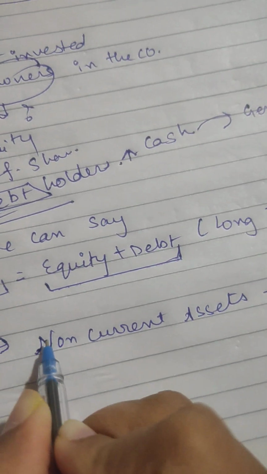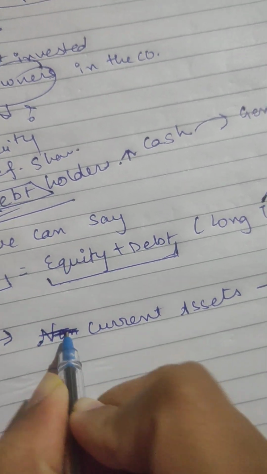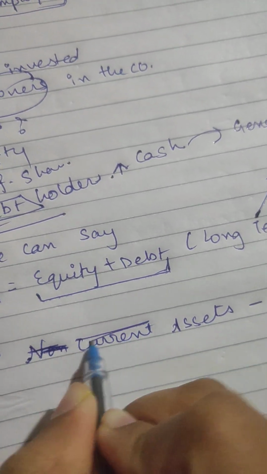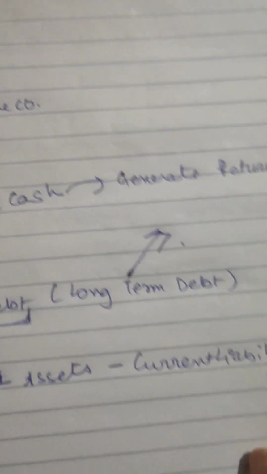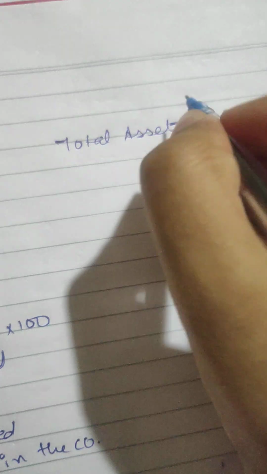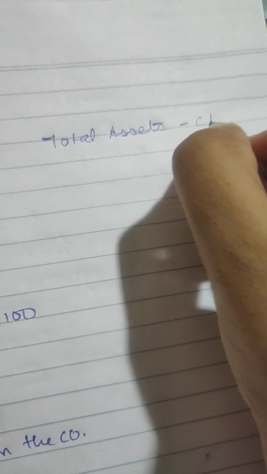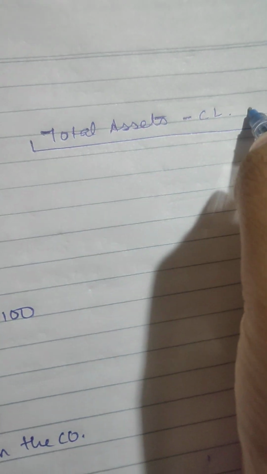Now it's not non current assets, it's total assets minus current liabilities. So we got another formula, that is total assets minus current liabilities. Now let's understand why we have this formula.